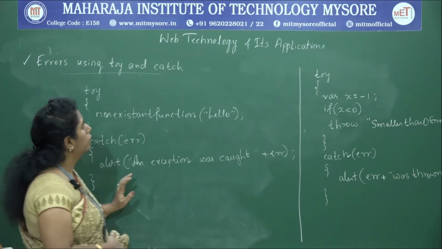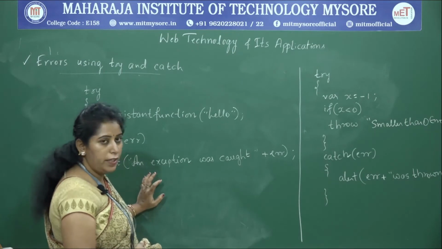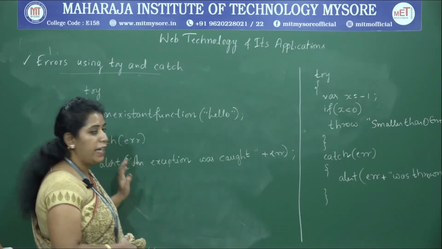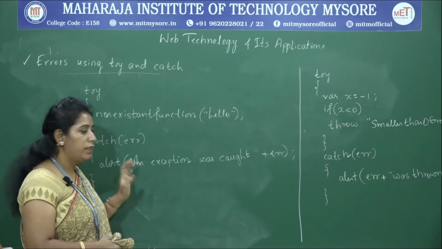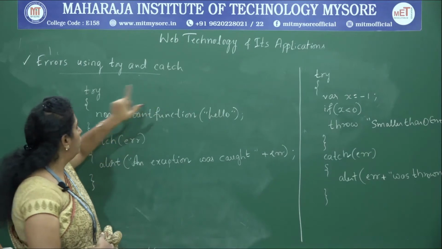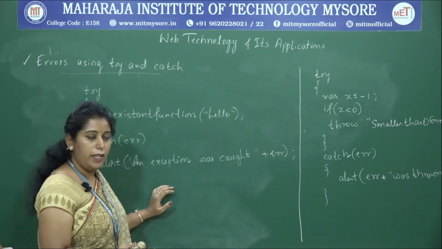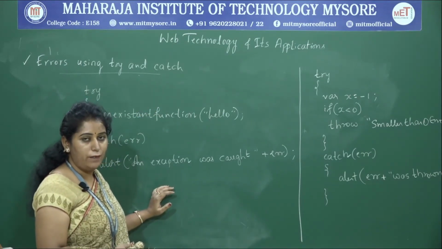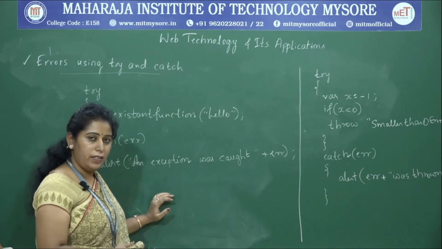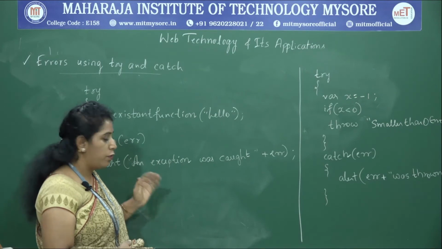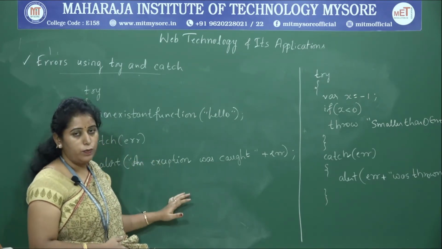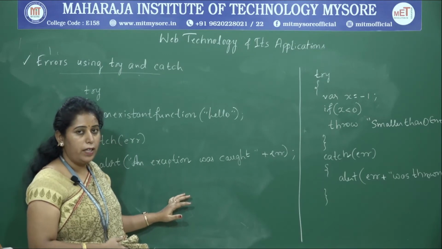Okay, so we can optionally catch these errors using a try and catch block. Try and catch blocks are exclusively used in JavaScript to catch the built-in JavaScript errors. In your program you can define your own throw statements.